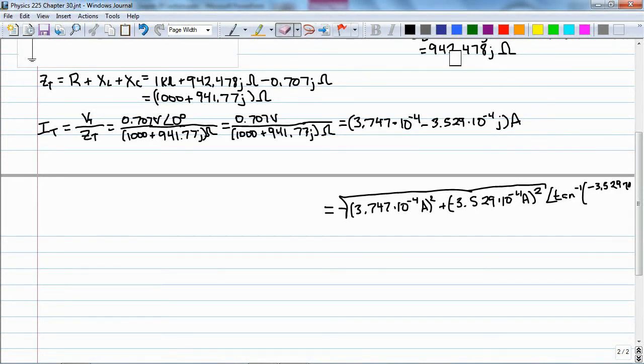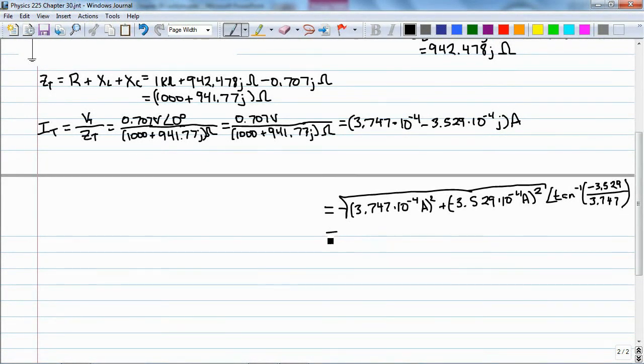Actually, I'm not going to have to write the 10 to the minus fourth because they'll cancel out. And my units of amps are going to cancel out. My 10 to the minus fourth are going to cancel out.